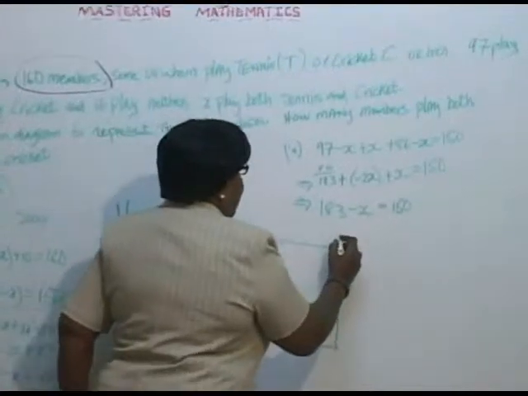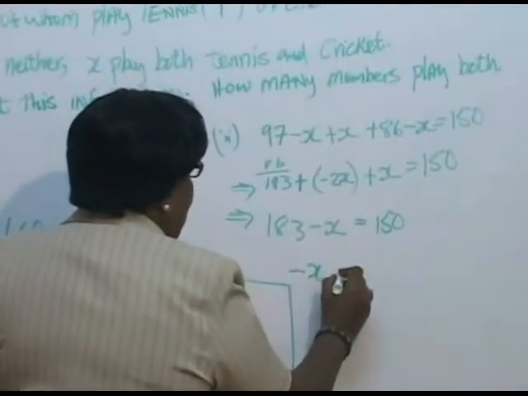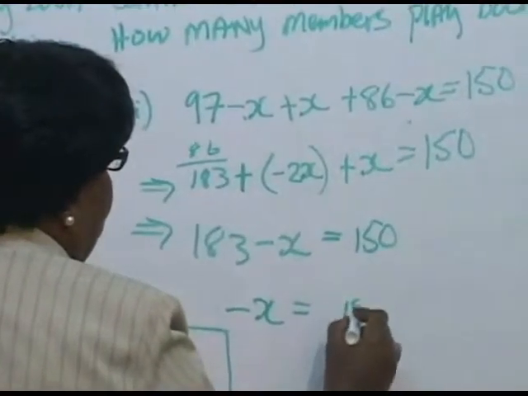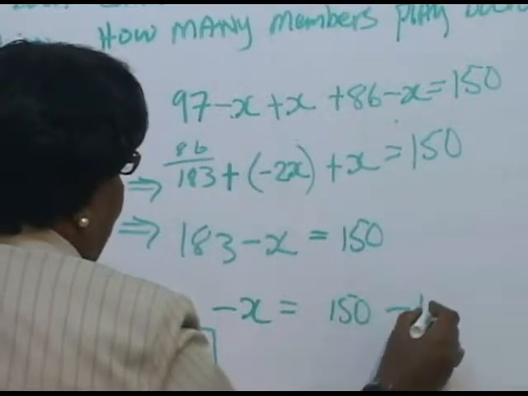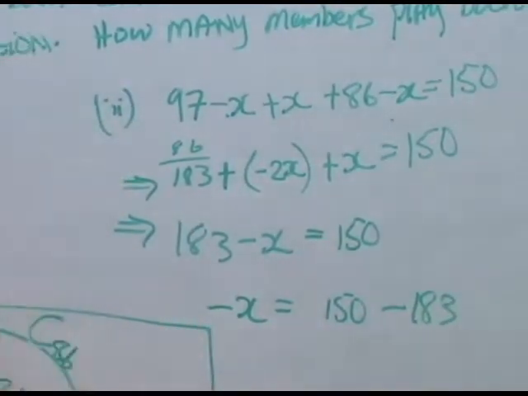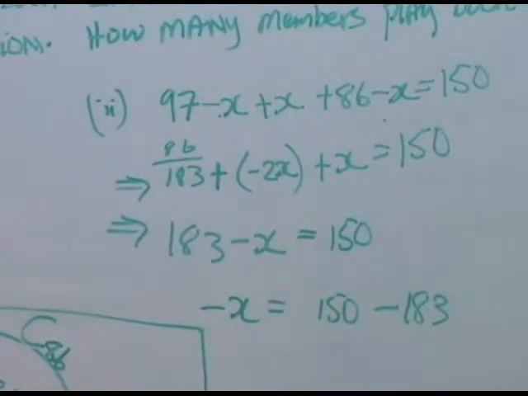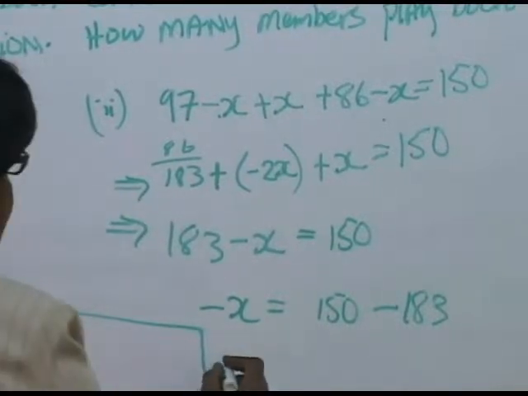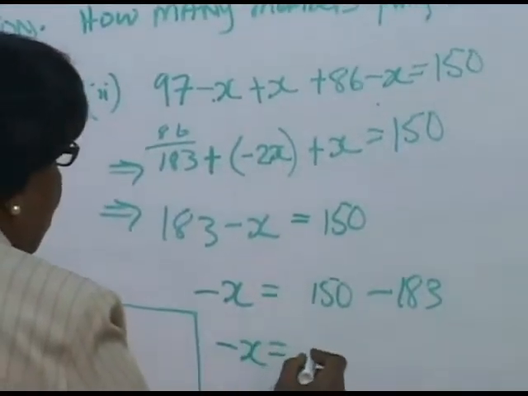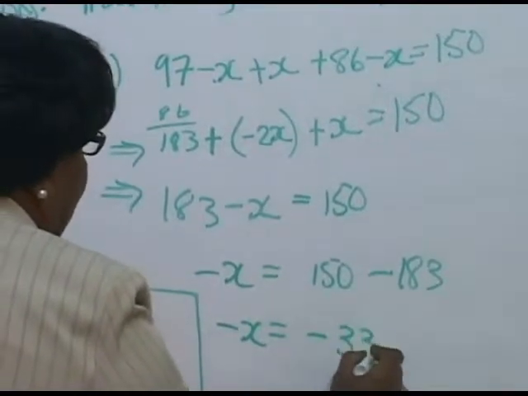And so we have negative x is now equal to 150 joined by negative 183. And again, we are looking and saying which number is bigger, and it is our 183, and it is by how many? So we're going to get negative x is equal to negative 33.